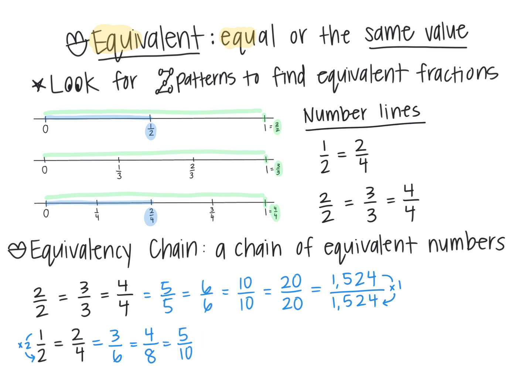Yep. So that is equivalent, and you can add it to our equivalency chain. Equivalency chains can go on and on and on forever and ever and ever. Okay, so we're looking for relationships and patterns to show all the fractions that are equivalent or have the same value.